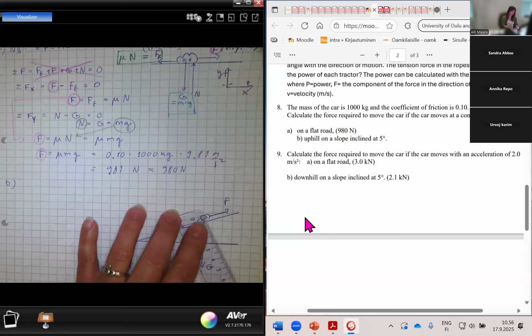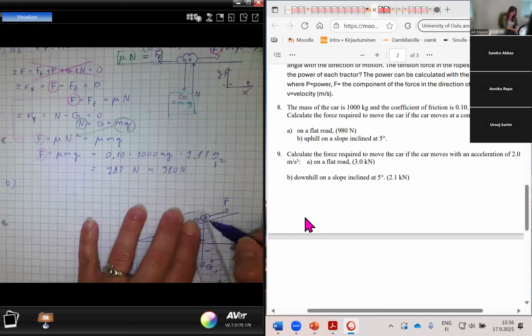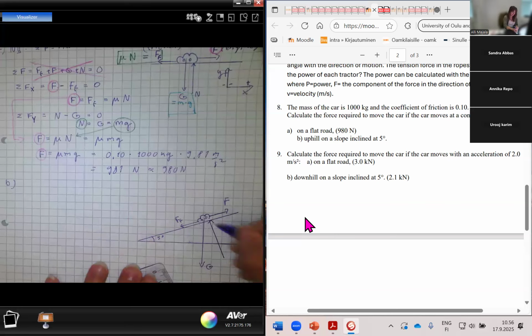And then I have the supporting force from the hill. So this was gravity, always towards the center of Earth, and then this supporting force is perpendicular to the plane. Or how do you call it? Plane.